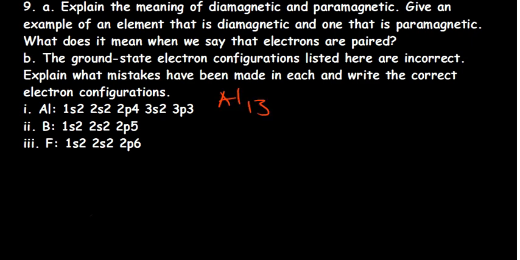Boron is 5. Then fluorine, the atomic number of fluorine is 9.